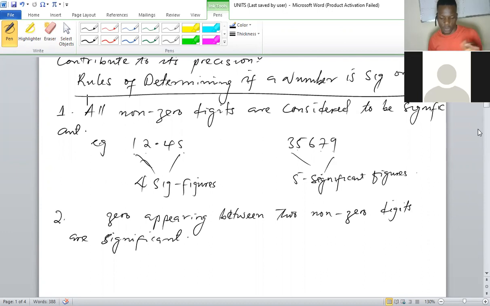Let's not confuse numbers and digits here. So zeros appearing between 2 non-zero digits are considered to be significant.